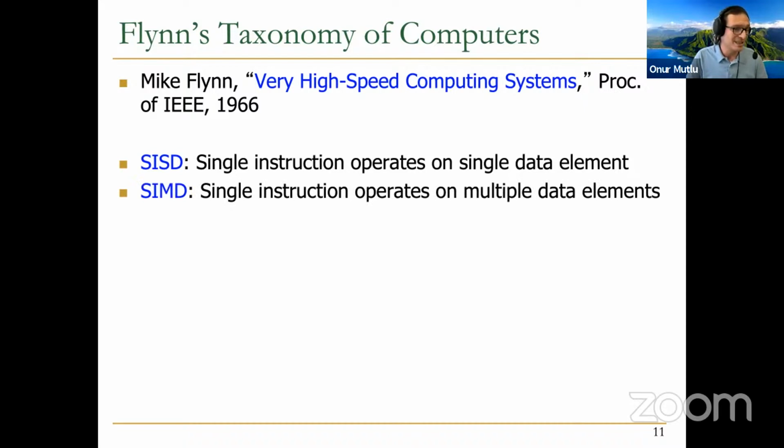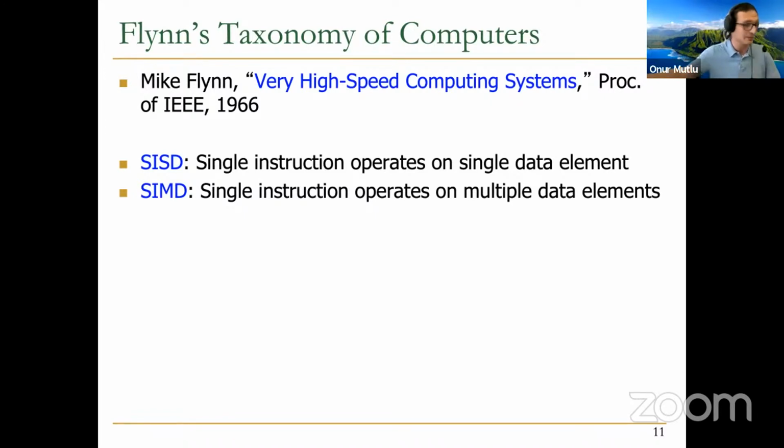You can also have SIMD, which we're going to cover today. Basically, the main difference is you have a single instruction that does exactly the same thing, except on multiple data elements. Multiple can be specified by what we will call vector length. It could be 4 elements, 4 pairs of elements. So when you do an add, you specify the add operation, and then we will also specify vectors and how many pairs of elements the add will do the addition on.